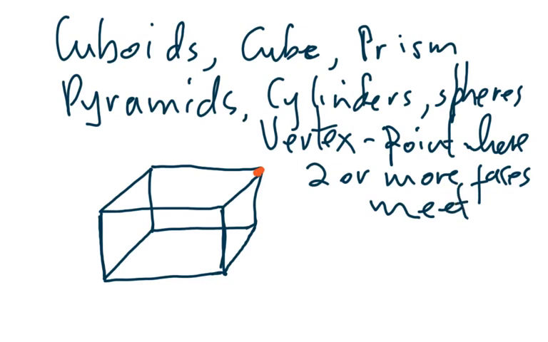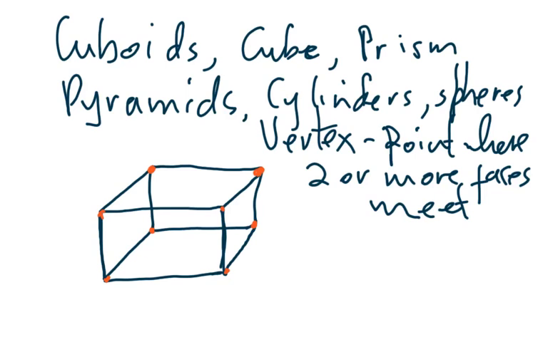So, how many vertices has a cuboid? We can count with the children: 1, 2, 3, 4, 5, 6, 7, 8.